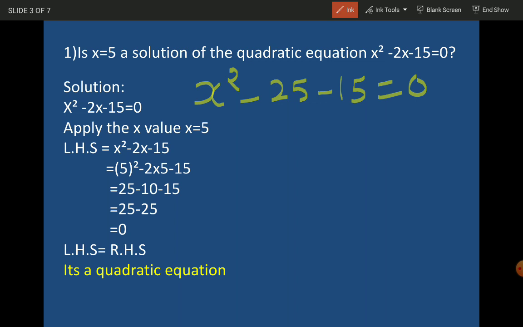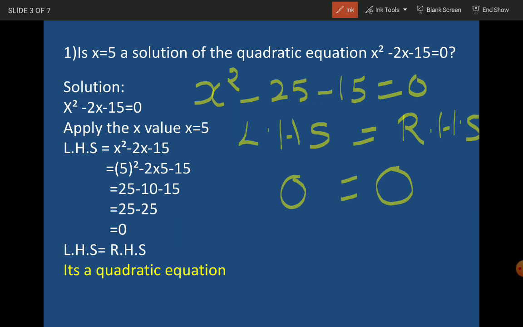This is the LHS and this is the RHS. After applying this x value, we have to get 0 on the left hand side and also on the right hand side. So we have to apply the x value and find whether LHS is equal to RHS. If LHS equals RHS, then it is a solution.